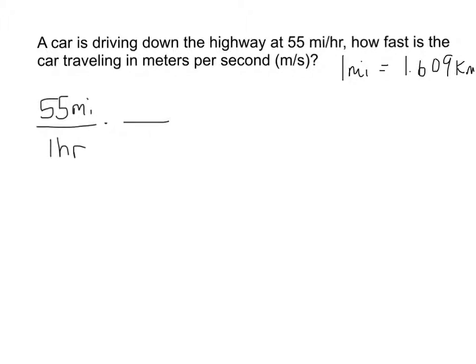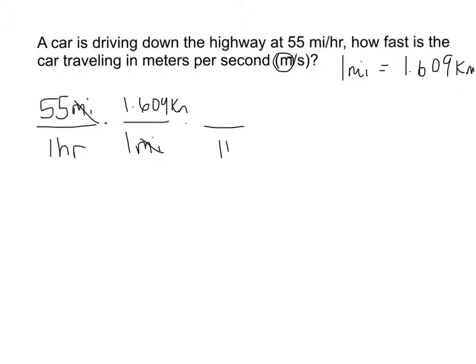Maybe I looked it up on Google or something. Okay, so I can go from kilometers then to meters fairly easily. Since I know this equality, I'm going to put the 1 mile on bottom. 1.609 kilometers goes in the numerator. Miles cancel.